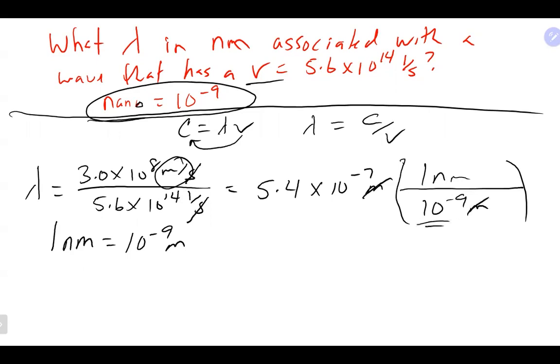That basically is dividing by 1 times 10 to the minus 9, and that gets us about 540 nanometers in this particular case. Any questions on that? Again, really important: the exponent button, when you put it in there, so that you get the right answer. If you find yourself just off on the exponent part, it is probably how you're putting it into your calculator. Any questions on that calculation?